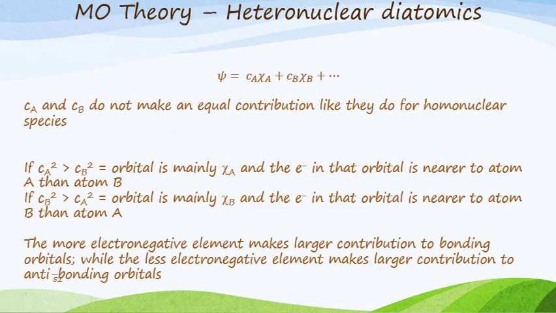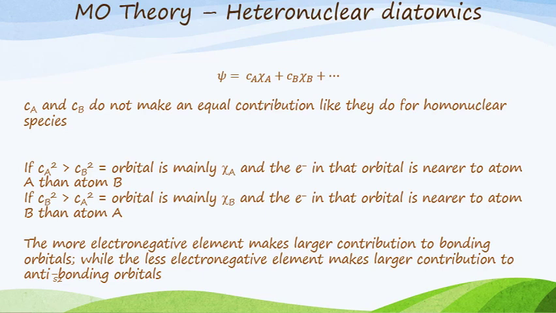So in this case, we're not going to get an equal contribution. If, for example, the energy contribution from atom A is much greater than for atom B, then the electron in that orbital is going to be nearer to atom A than atom B. And obviously the reverse is also true.